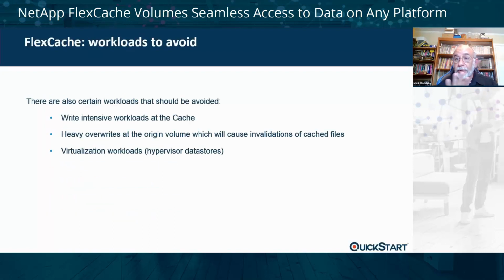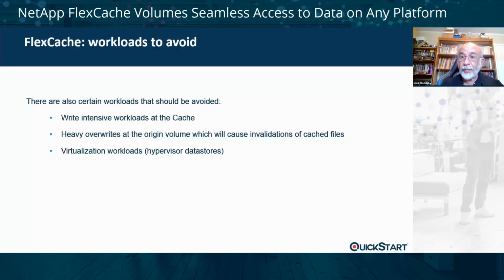There are also some use cases that don't fit very well. If I am making a lot of writes on my cache, those writes have to go around. They're going to hit the origin volume or source volume. If those files are cached other places, we invalidate the data in those caches. It has to be reloaded. This is not a good use case. It needs to be mostly reads. If I happen to be updating the origin volume intensely, that's going to cause invalidations out at the cache.